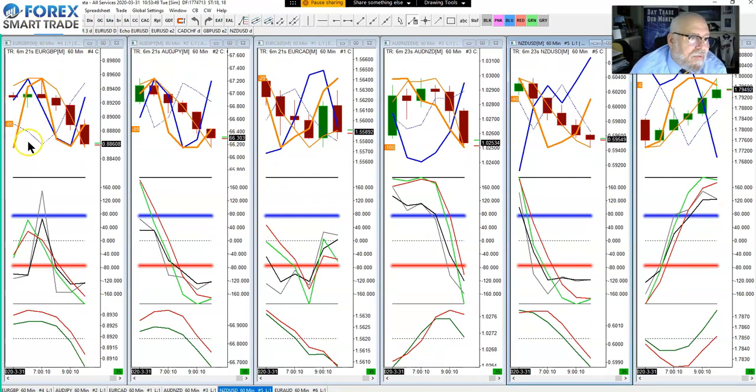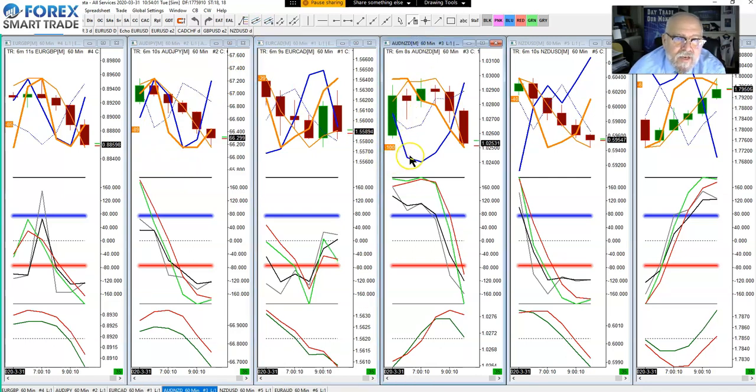Euro pound minus 85, no. Australian yen minus 88, no. Minus 30, no. Minus 100 on the Australian New Zealand, AUD and NZD. Yes, and I got all 4 lines below, so that is a buy.